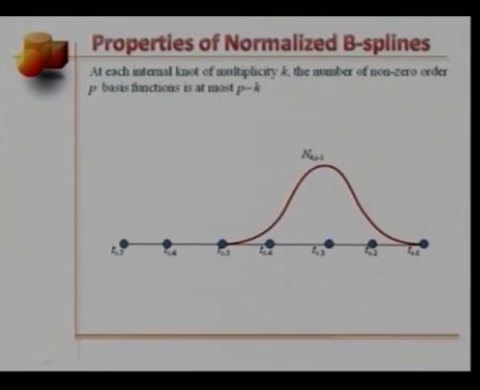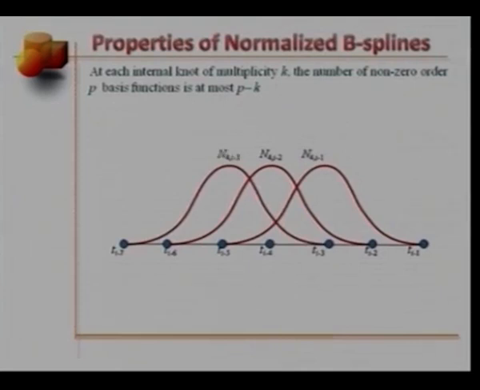Let's try to sketch the other spline functions. This one here is N4 I minus 2. This one here is N4 I minus 3. Now this example is a particular one of this generalized statement.